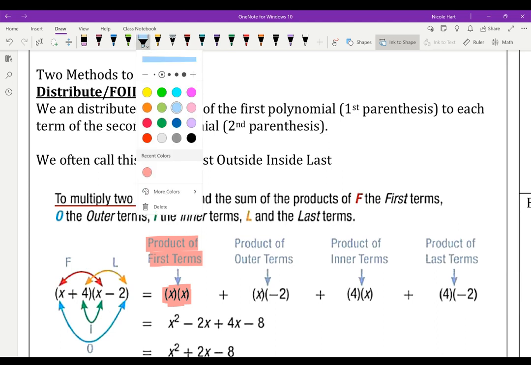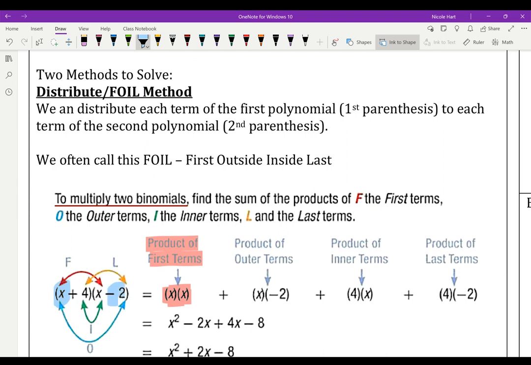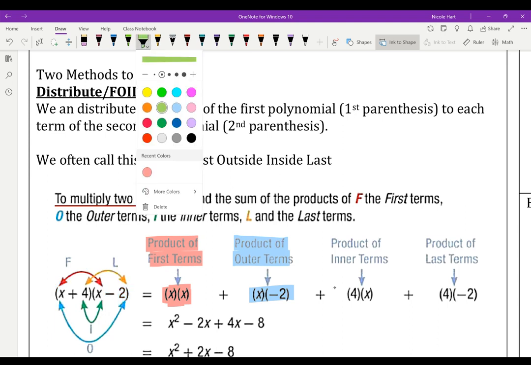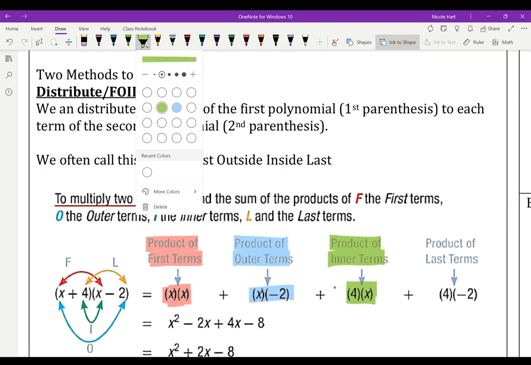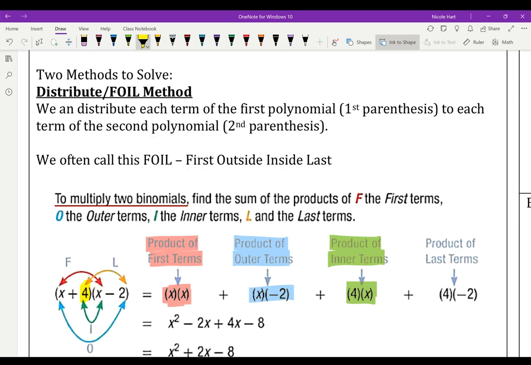So we're going to take the outermost terms, so the outside x and that outside negative 2, and we are going to multiply them together. The I in FOIL stands for inner terms or inside terms, and that's going to be the x and 4. So we'll multiply those two together. And then lastly, we will have the last terms. So that 4 is the last term of the first binomial, the negative 2 is the last term of the second binomial, and we will multiply those together as well.